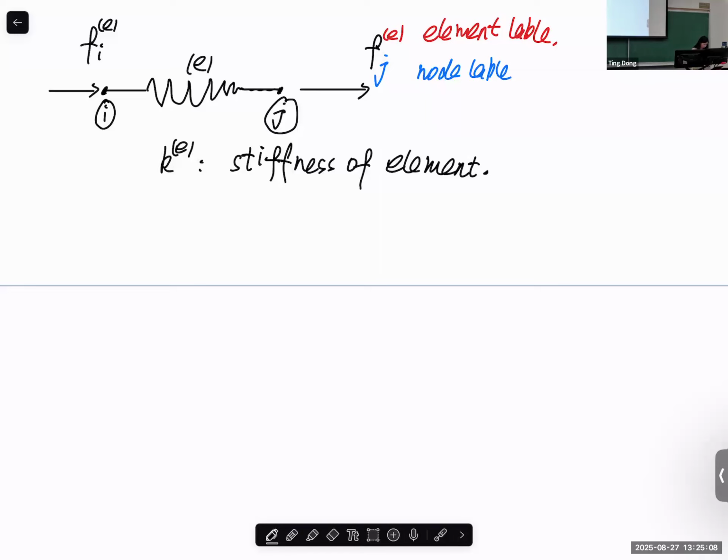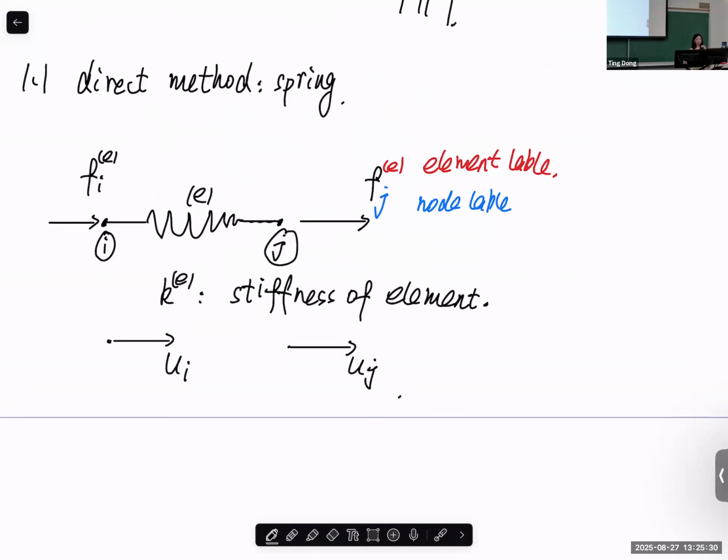Let's say at node I, we have displacement u_I. Since it can only move in the x direction, and normally if there's only one direction, we assume it's the x direction. So we use u as the displacement in the x direction. This is u_I. And at node J, we have displacement u_J. And of course, we always assume this is the x-axis.